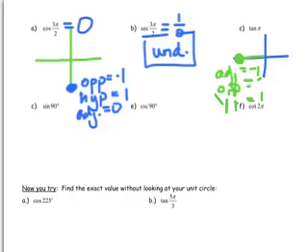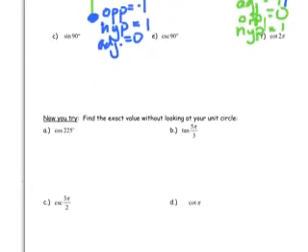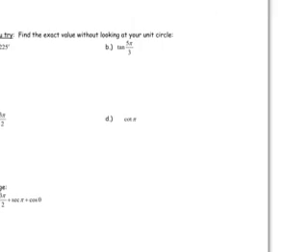So this is opposite over adjacent, so 0 over negative 1 is 0. Okay, so y'all can see if you can do the rest of this.